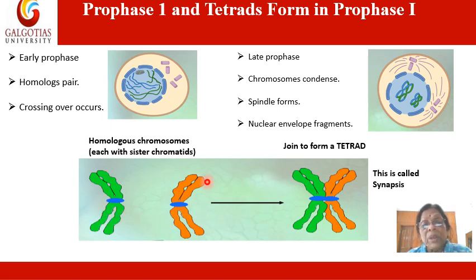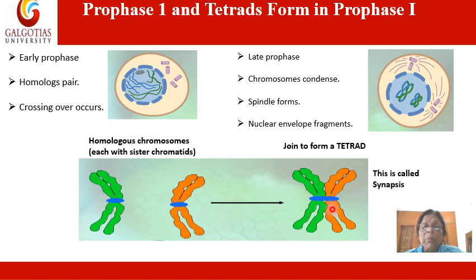So what happens during the crossing over or late prophase 1? These two homologous chromosomes come together and attach themselves at the centromere, and when they form a pair, this is known as a tetrad, because four chromatids are attached by the centromere.